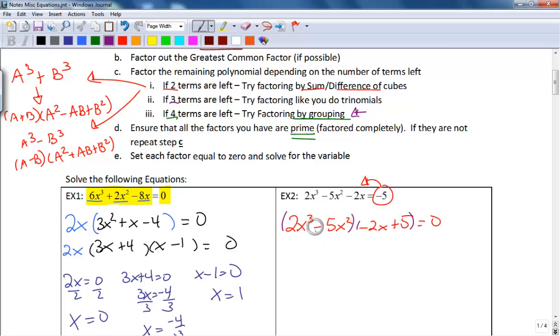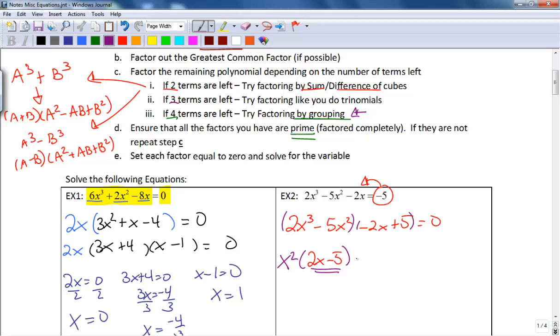Well, between 2x cubed and negative 5x squared, they both have an x squared as a GCF. If I factor that out, I'm left with 2x minus 5. Now what I want to do is generate the same binomial by factoring out a GCF from the other side. Well, I have a negative 2x plus 5 and I need a 2x minus 5.